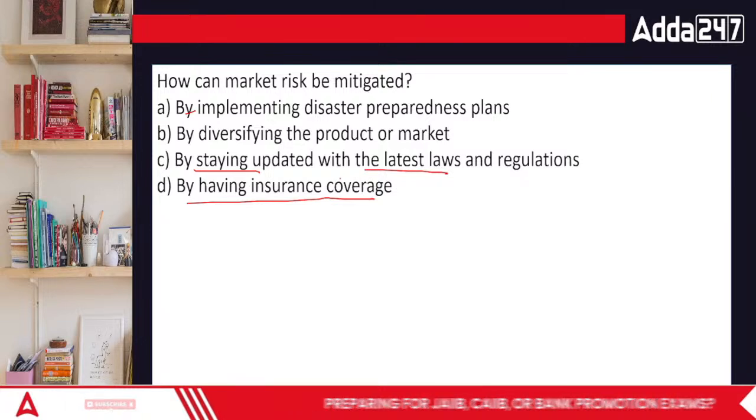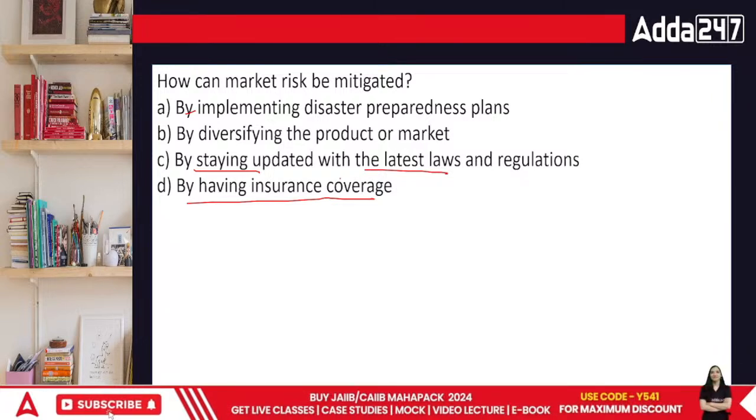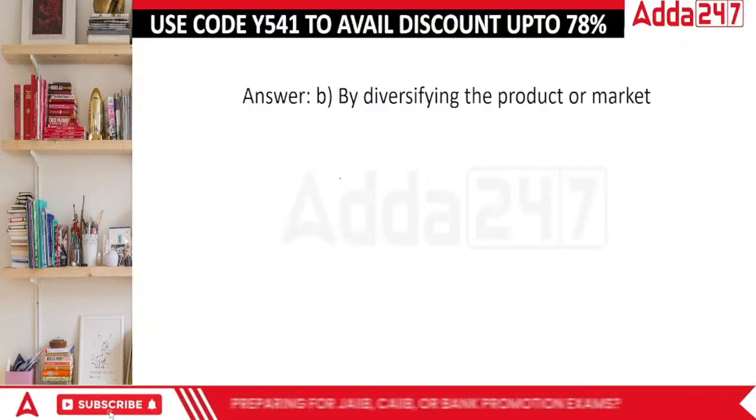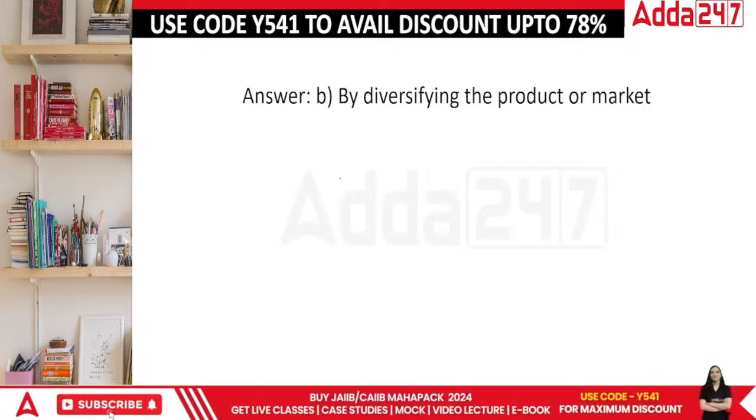Risk can be actually just converted if we diversify it. Diversify it, matlab we give it to someone else as well. That means we are looking into the product, and if one part of the product doesn't work, the other part might.